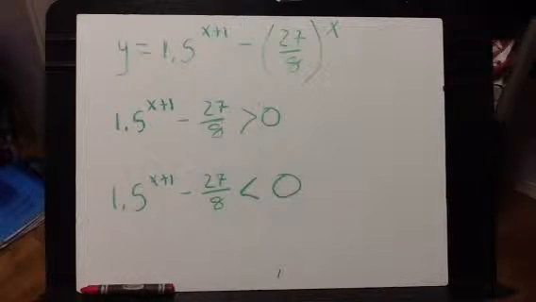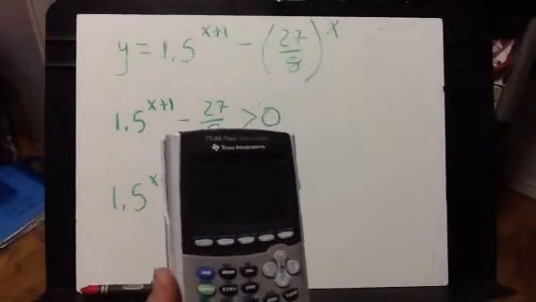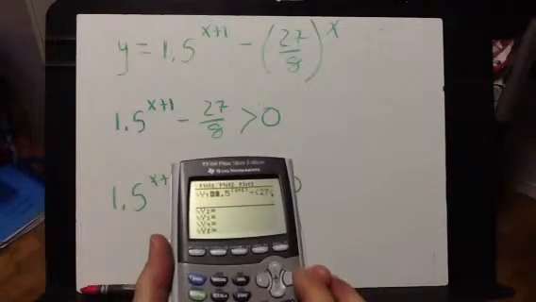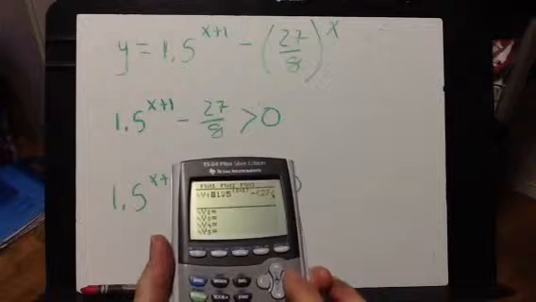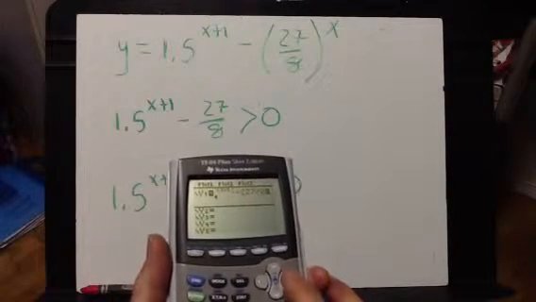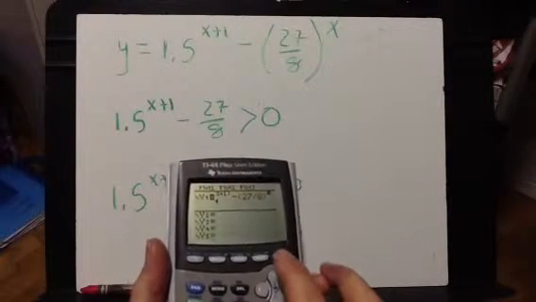Now let's do a equality check with this problem. Let's see if we can graph this and show that 1/2 is equal to x. On my calculator, I have the expression in y equals: negative 27 divided by 8, all of that raised to an x power. Let's look at the graph.